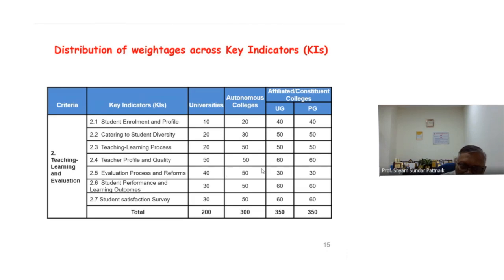I'll tell you, these affiliated colleges, the good colleges, are sometimes not in a position to deliver the inputs they want to, because the university has not permitted that type of inputs in the syllabus. Let me tell you, I was vice chancellor of a technical university with almost 160 institutes.